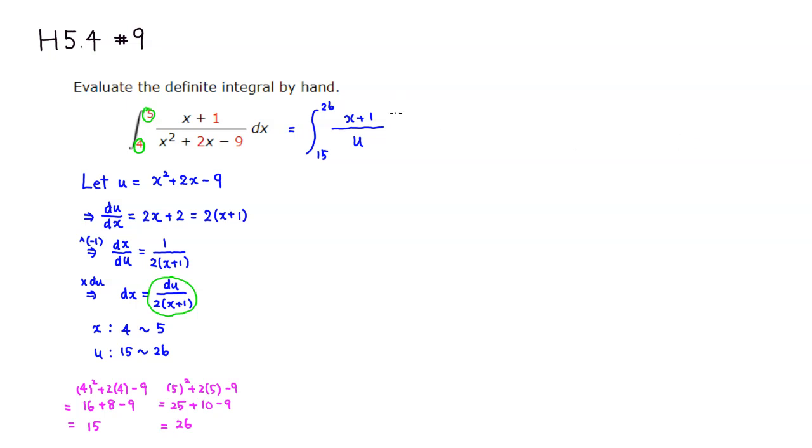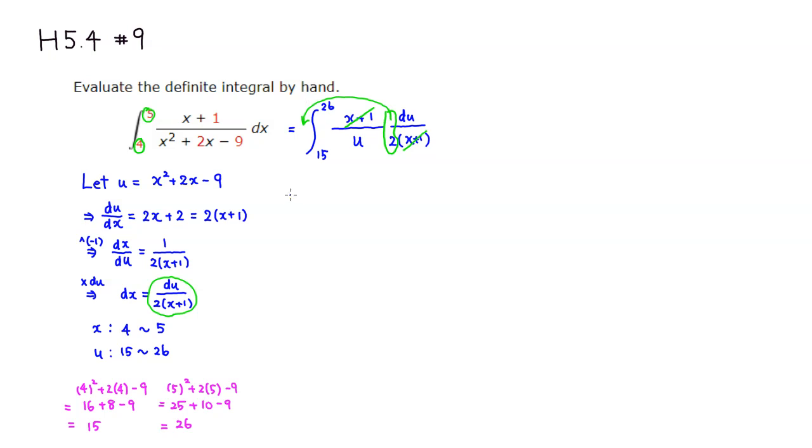You can see that you have a common factor on top and bottom: x plus 1 on top and bottom, so we can cancel that out. You have a 1 over 2, which is just a constant, so we can place it right in front.